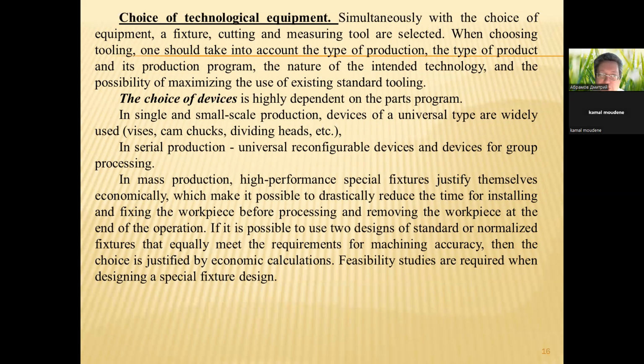The choice of fixtures or devices. The choice of fixtures is highly dependent on the parts program. In single and small scale production, fixtures of a universal type are widely used. In serial production, universal reconfigurable devices or fixtures and fixtures for group processing are used.